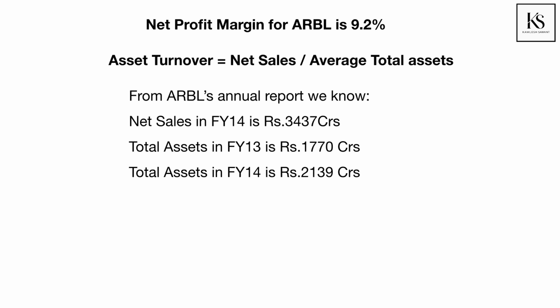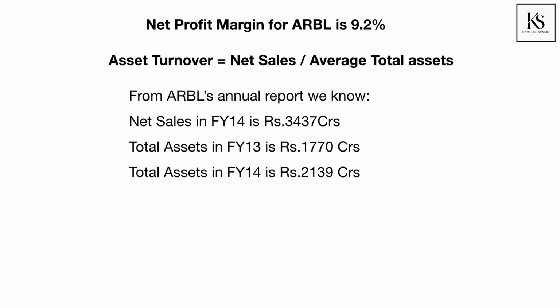But think about this: the reported number is for the financial year 2014, which starts from 1st April 2013 and closes on 31st March 2014. This implies that at the start of the financial year 2014, the company must have commenced its operation with assets that it carried forward from the previous financial year.